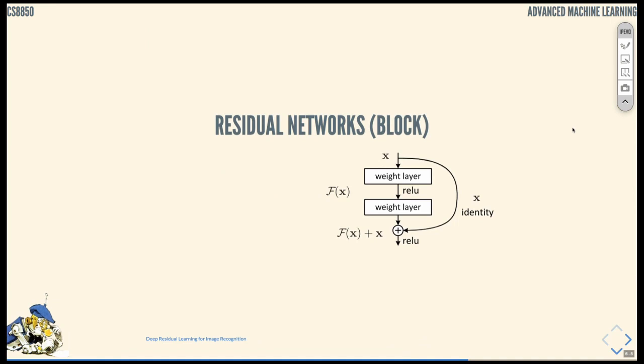Right about at the same time, although it took them half a year, the highway network paper was for half a year online before deep residual learning for image recognition came out. People at Microsoft realized, oh wait, why do we need this?